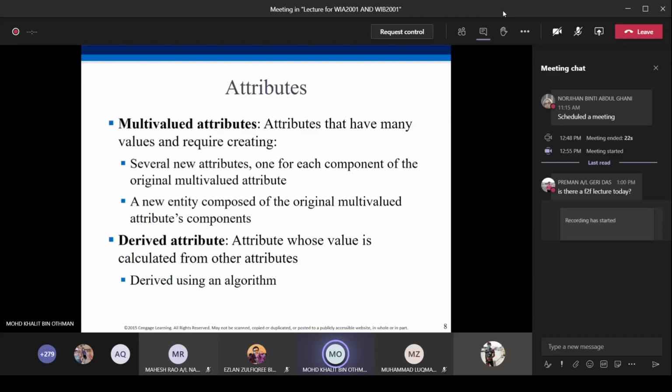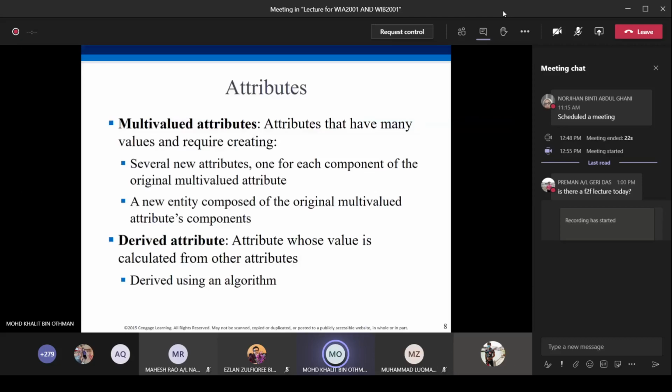And then multi-valued attribute also requires creating a new entity composed of the original multi-valued attribute components.